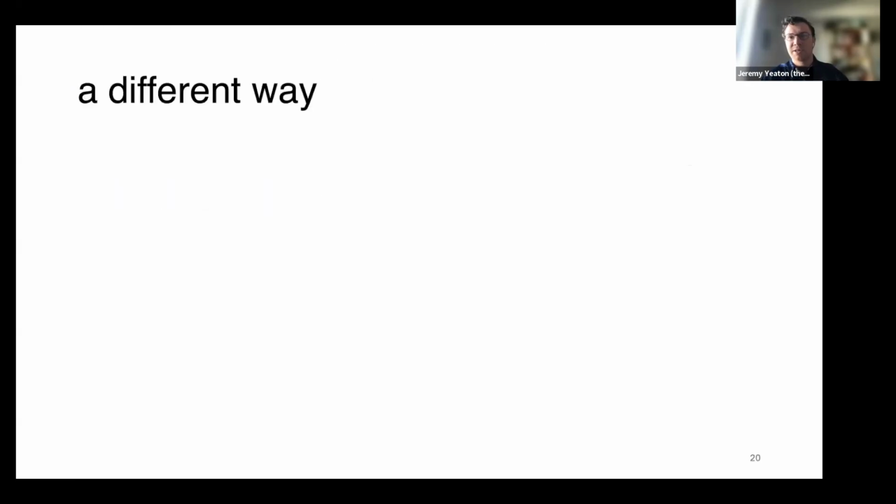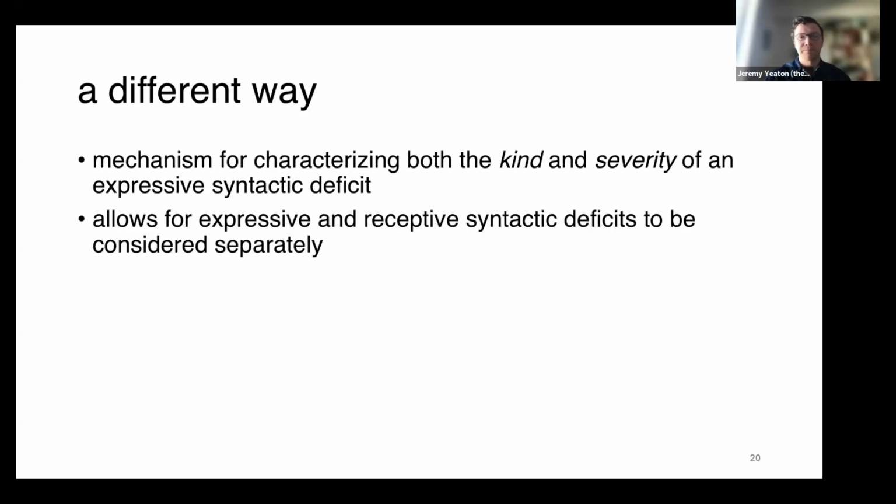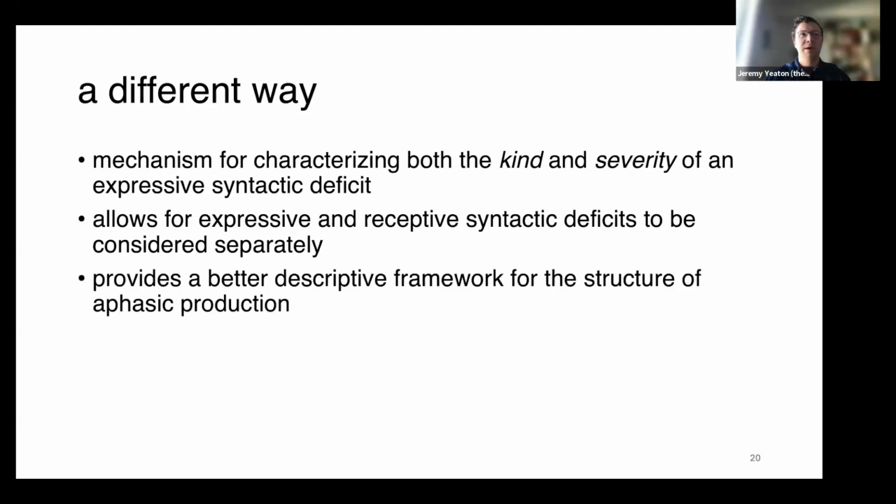So what I'm suggesting is a different way. William, Danielle Fahey, Brielle Stark, and I are working on a mechanism for characterizing both the kind and severity of an expressive syntactic deficit. This would allow for expressive and receptive deficits to be considered separately and provides a better descriptive framework for the structure of aphasic production.